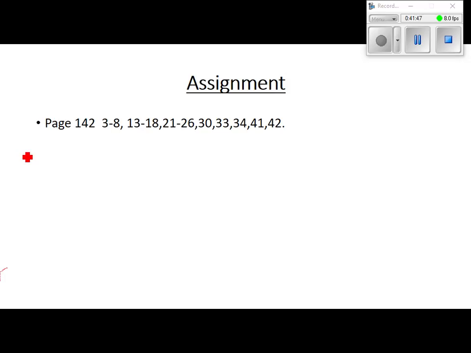But on problems like 13 through 18, your answer is your reason. You gotta tell, these are parallel because alternate exterior angles are congruent. Does that make sense?